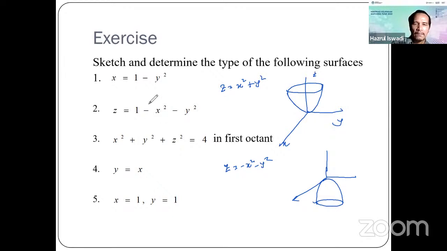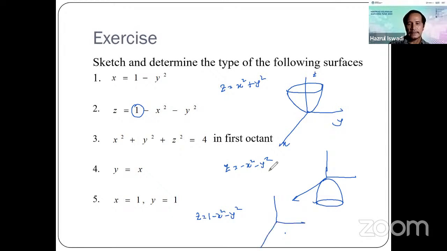And then move up 1 unit. So we will have z is equal to 1 minus x square minus y square. The picture of this equation will be like here.